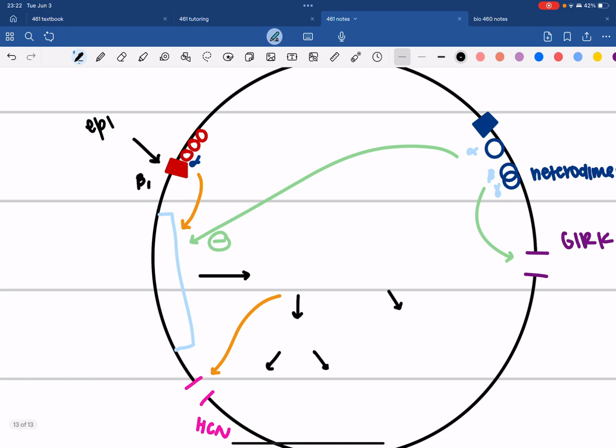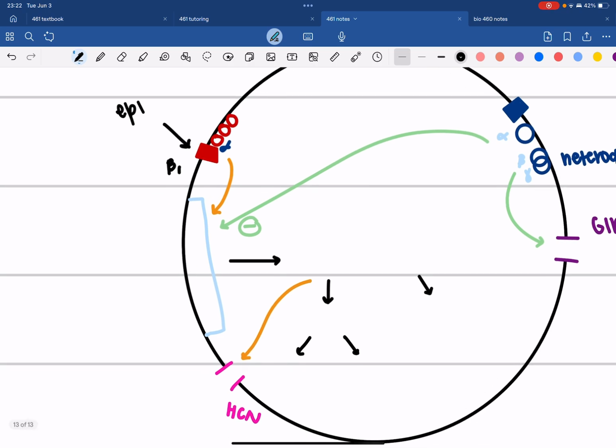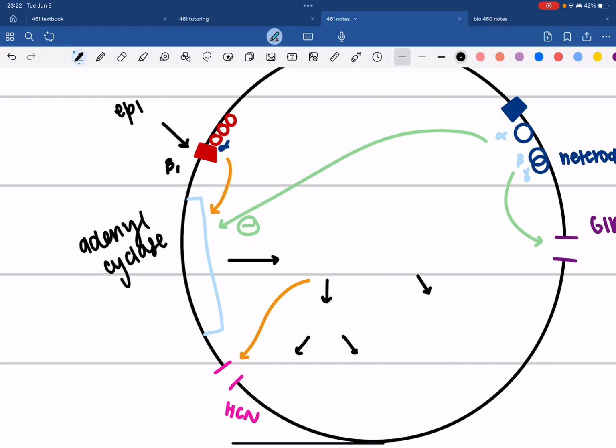What this is going to do is stimulate a part of the cell called adenylyl cyclase. And adenylyl cyclase is going to increase cAMP, and when we increase cAMP, that's also going to increase PKA.